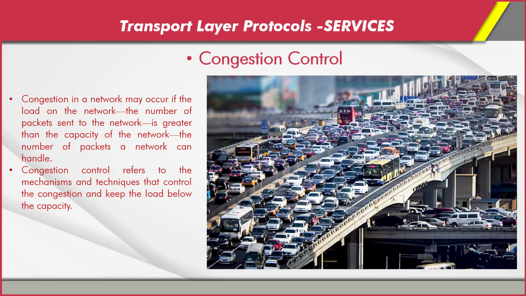Congestion in a network or internetwork occurs because routers and switches have queues, buffers that hold the packets before and after processing. A router, for example, has an input queue and an output queue for each interface.